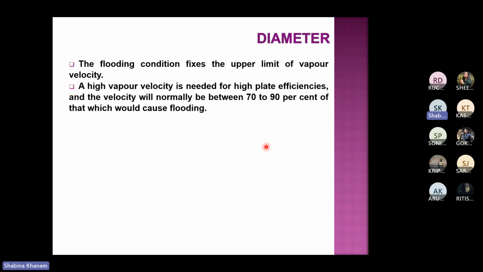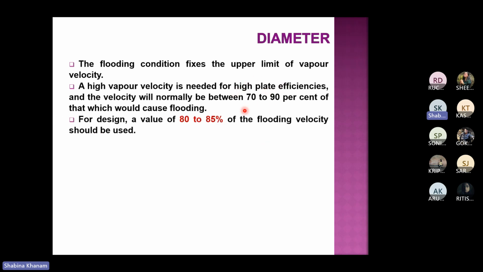So first of all, we will calculate the velocity at which flooding will occur, and then we can have the vapor between 70 to 80% of that velocity. This is the complete range, 70 to 90. However, for design purposes, we are recommended around 80 to 85% of flooding velocity.